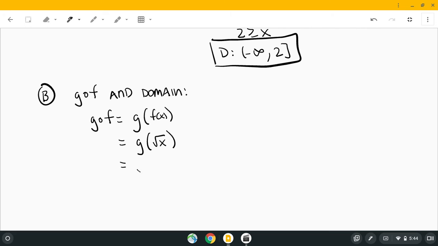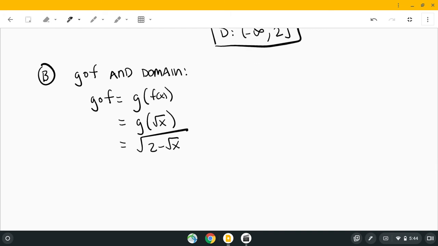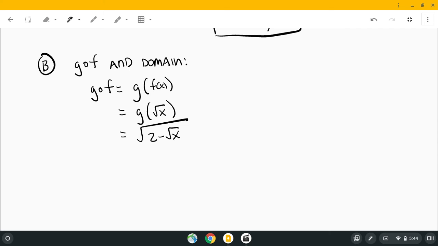So we get square root of 2 minus the square root of x. Okay. All right, so what's our domain? All right, so we know that the inside needs to be greater than or equal to 0. So 2 has to be greater than or equal to square root x. Square both sides, and we get 4 has to be greater than or equal to x.